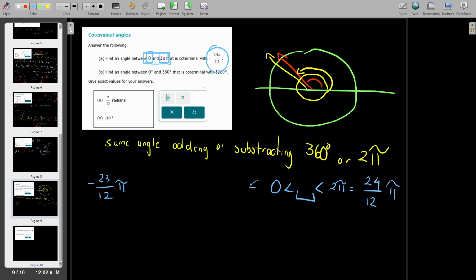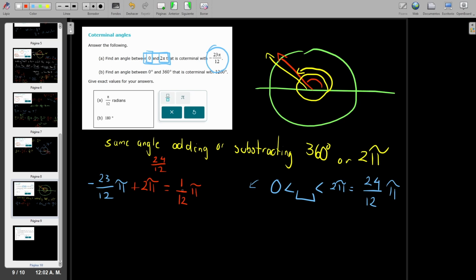So we need to be adding how much? Half a turn. No, not half a turn, a full circle, 2 pi. But this 2 pi we can represent as 24 over 12, right? So minus 23 plus 24 is going to give us 1. And the denominator is still the same.